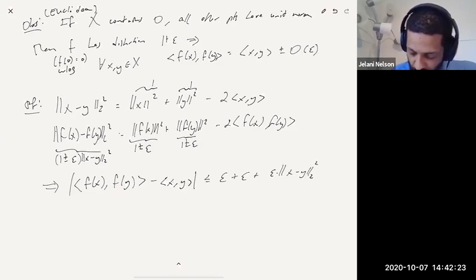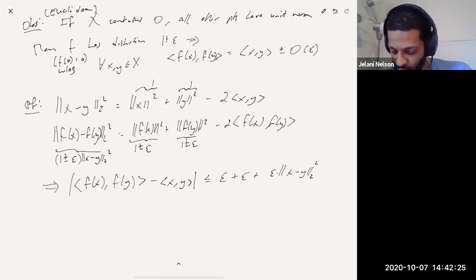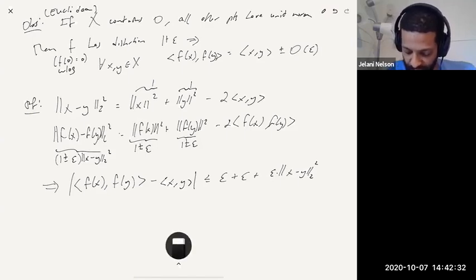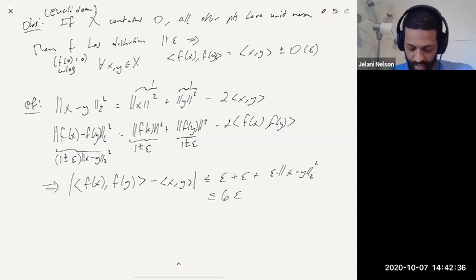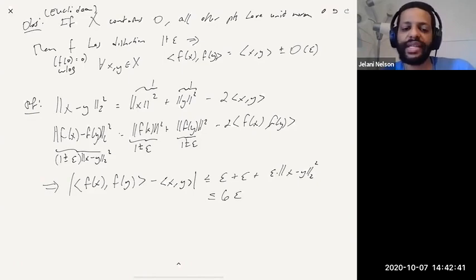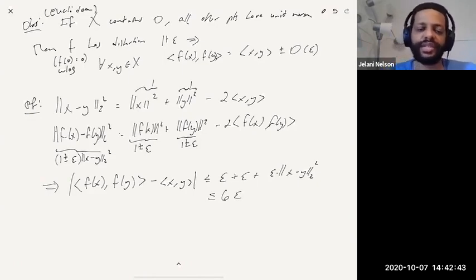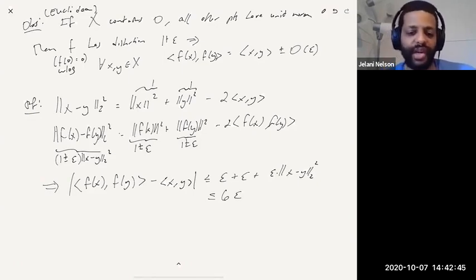But by triangle inequality, x minus y has norm at most 2, so x minus y squared has norm at most 4. So this is at most 6 epsilon, for example. Does that make sense? So preserving distances on unit norm vectors together with 0 implies you preserve dot products up to an additive O of epsilon. I don't want to keep drawing the 6 all the time, so let's just call this epsilon.